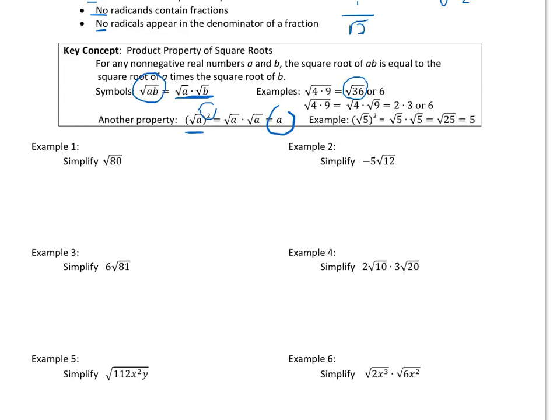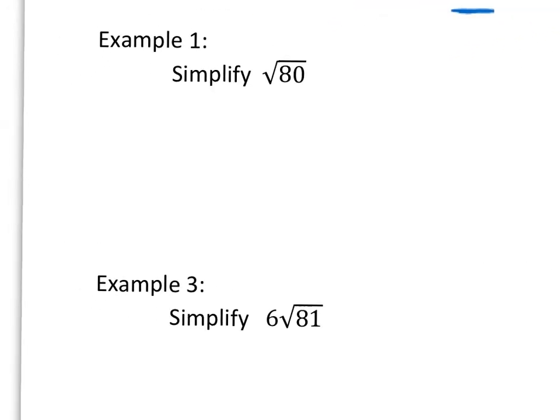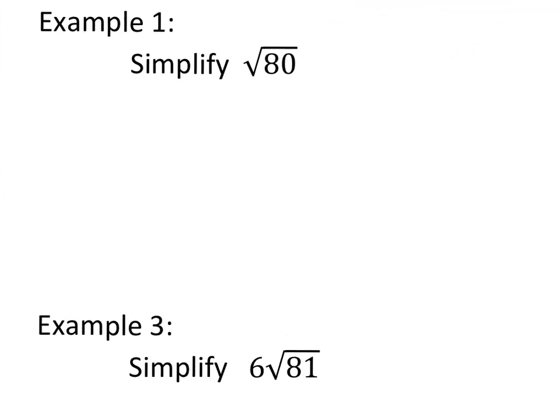All right, now we're going to talk about simplifying, and there are many different ways to simplify, and I'm going to show you the main way that we're going to cover it. We're going to use a factor tree. So we're going to look at 80 and say a prime factor tree would be 2 times 40, 2 times 20, 2 times 10, 2 times 5.